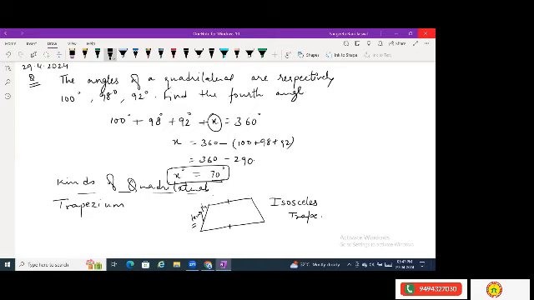Okay, children, in a trapezium you have one pair of sides parallel, not equal, parallel. You can see here this one is small and the lower one is longer. So these are not equal, these are parallel.